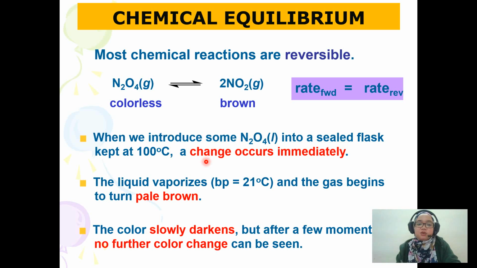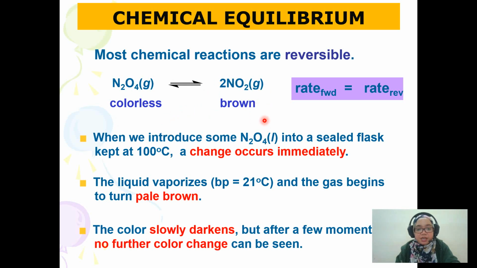The liquid vaporizes because it has a boiling point of 21 degrees Celsius, and the gas begins to turn pale brown. Originally it was colorless, but then it reacts to form NO2 gas. So the N2O4 gas goes from colorless to a pale brown color.